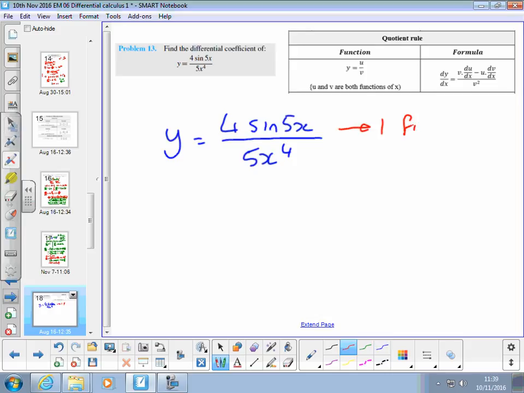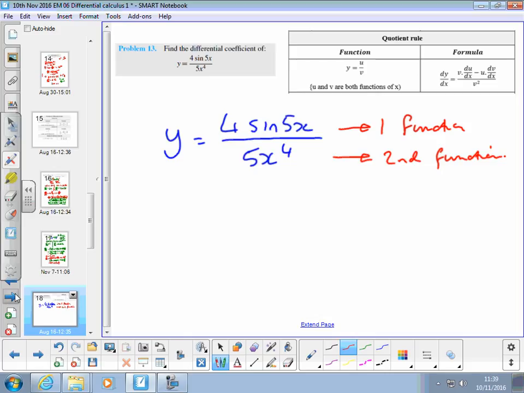One function divided by a second function, a quotient. Use a mathematical term. With the quotient rule, we must be very careful to get the items round the right way, because we're subtracting.